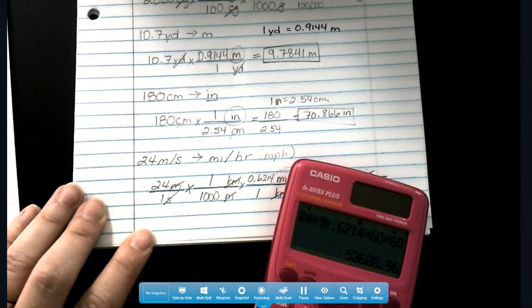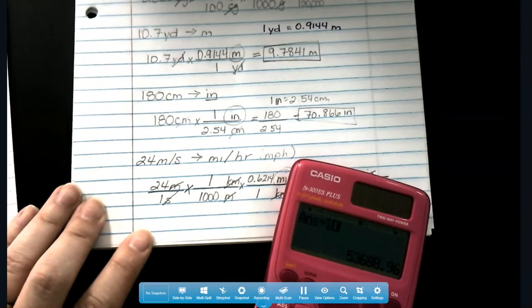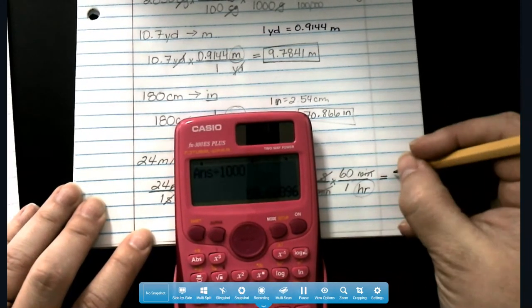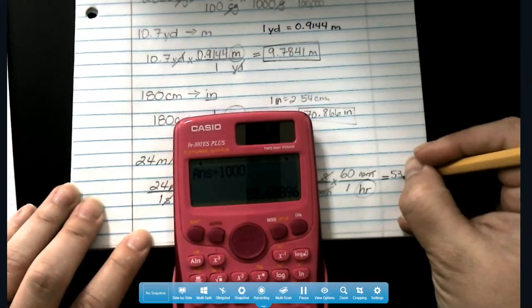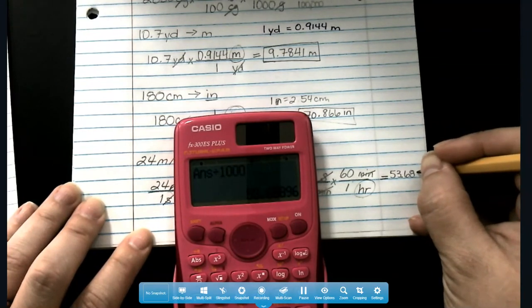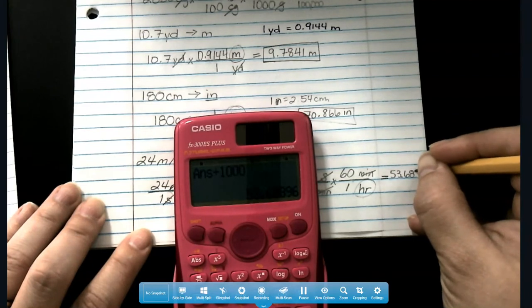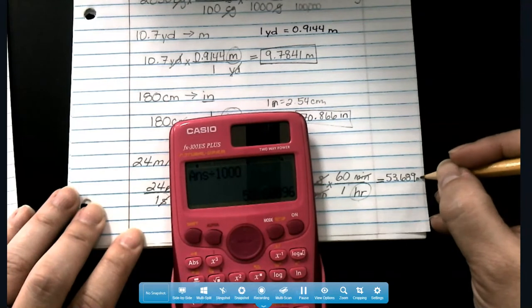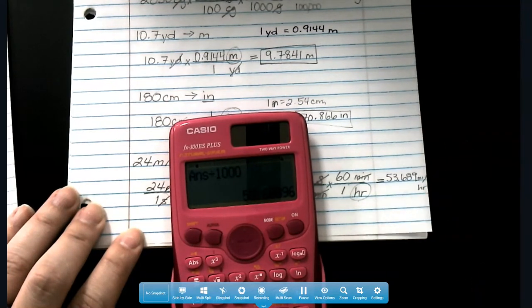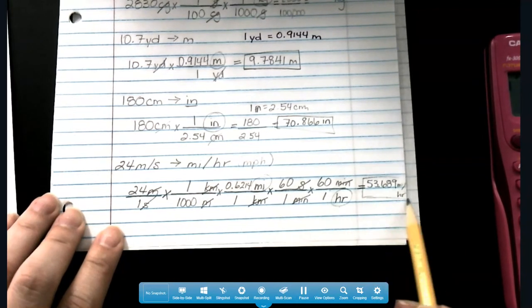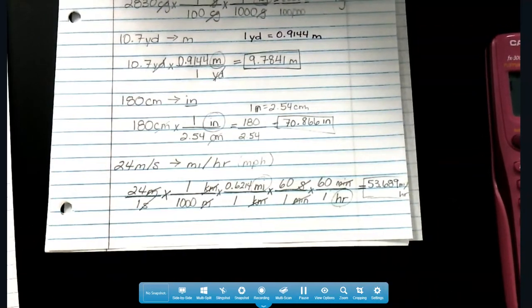I'm going to hit divide by 1,000 equals 53.68. We'll round that up. 9. I don't have room there. Miles per hour. So that's how we do those big problems.